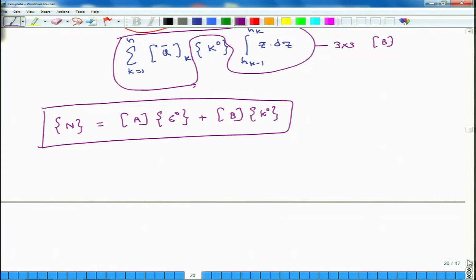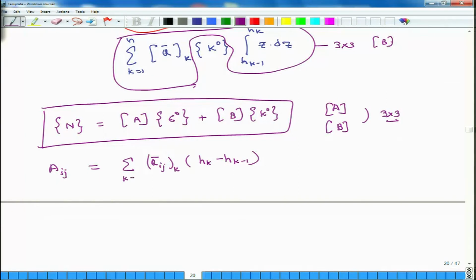And what we will do is we will define, so A and B, these are 3 by 3 matrices. So, we will define what their elements are, and based on these definitions we can say that Aij is equal to the summation of Qij bar for the kth layer times Hk minus Hk minus 1, and I am summing it from k is equal to 1 to n.